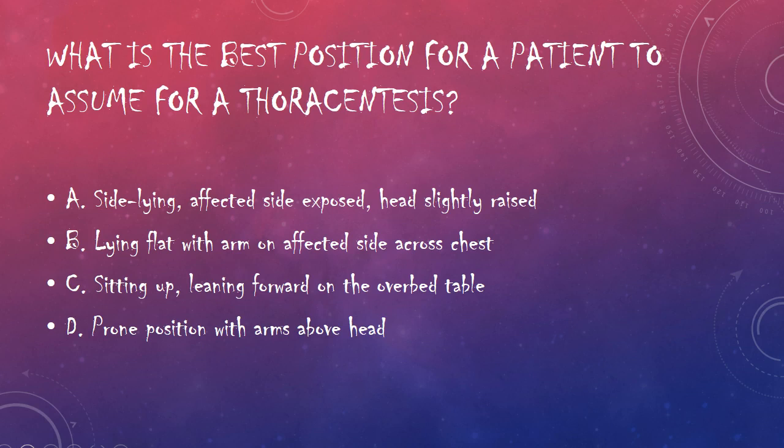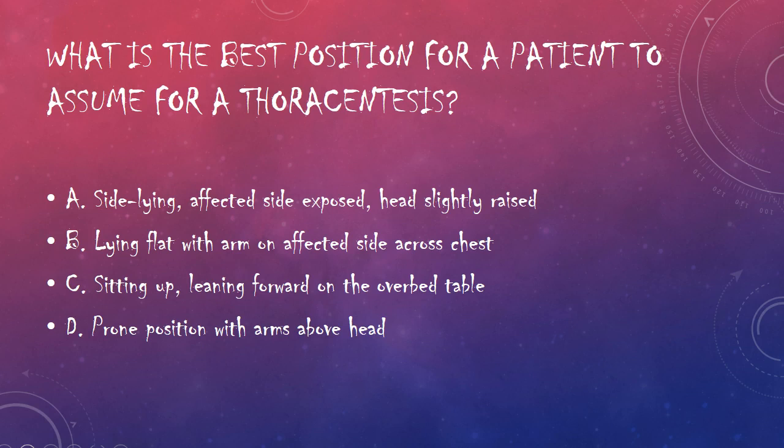What is the best position for a patient to assume for thoracentesis? Is it side lying with the affected side exposed, lying flat with the arm on the affected side, sitting up leaning forward over the overbed table, or prone position with the arms above the head? Well, with a thoracentesis, they're going into the lungs, so they need to have their lungs opened.